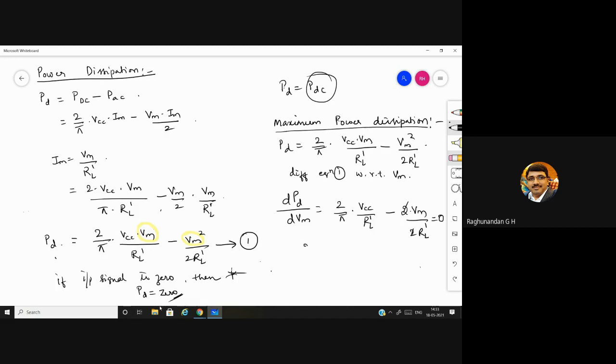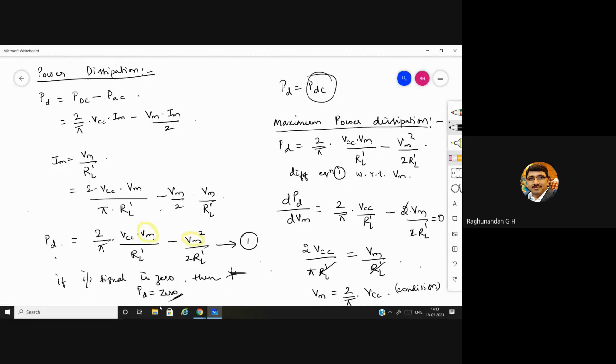Then we can further solve it as Vcc by pi RL dash is equal to Vm by RL dash. So RL dash gets cancelled, and we have Vm is equal to 2 by pi into Vcc. This is the condition for maximum power dissipation.